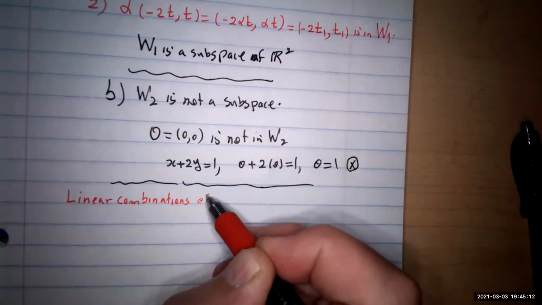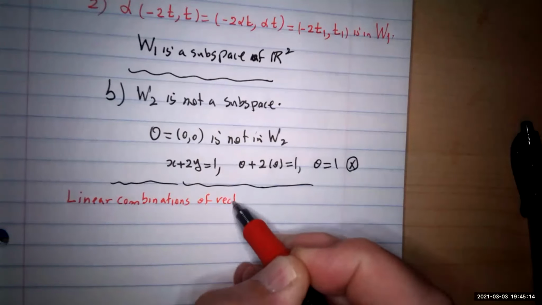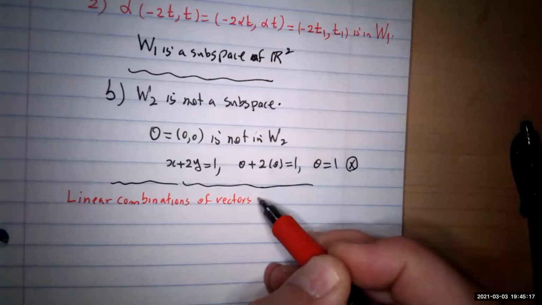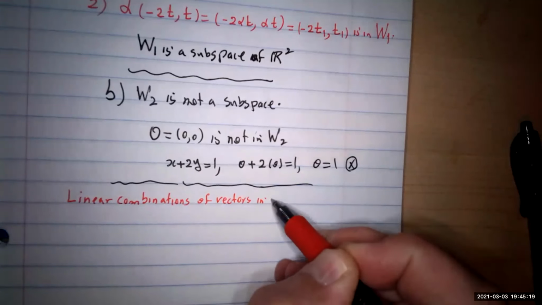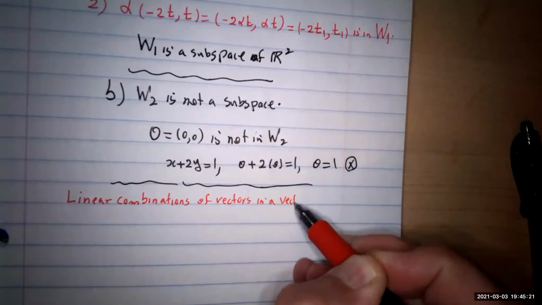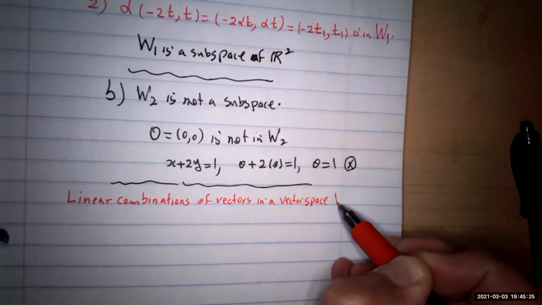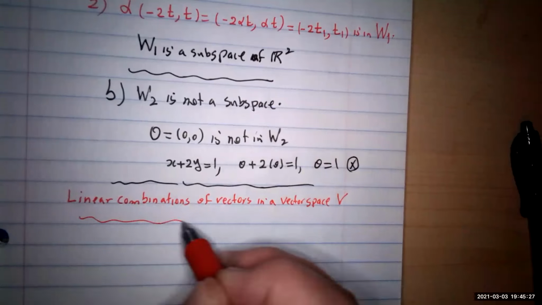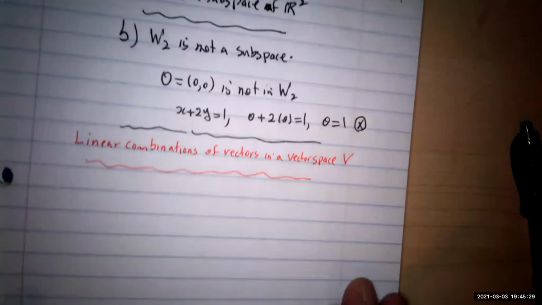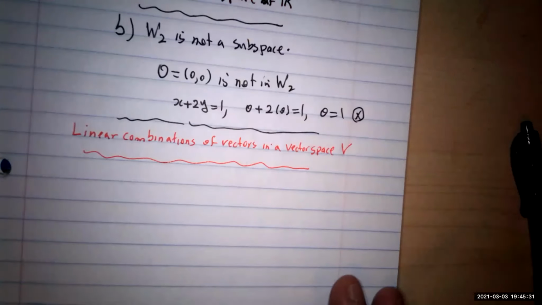Combinations of vectors, okay, of vectors in a vector space V. Remember, we have two types of operation only: addition, vector addition, and scalar multiplication.